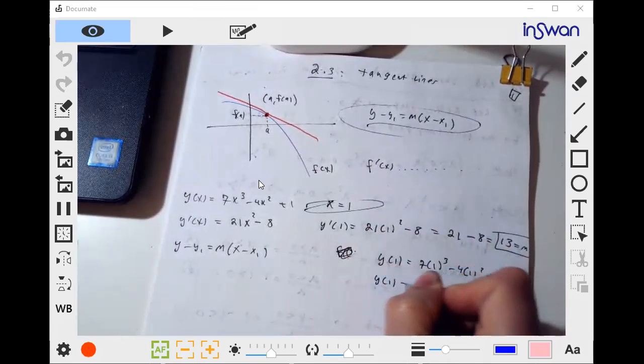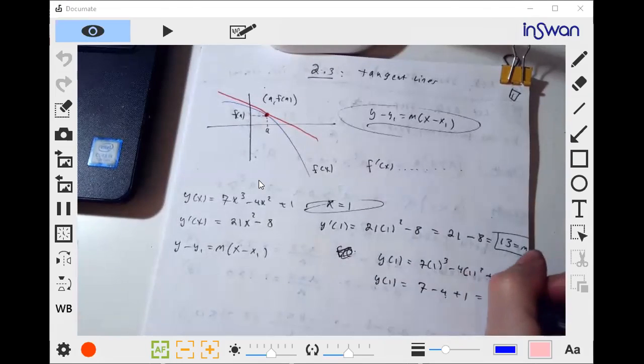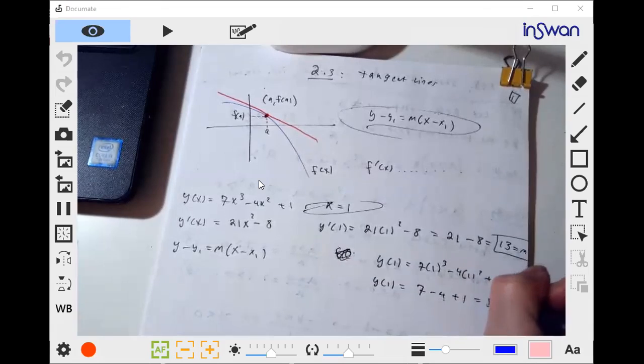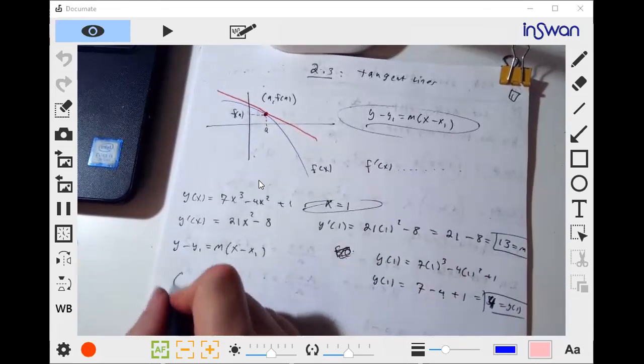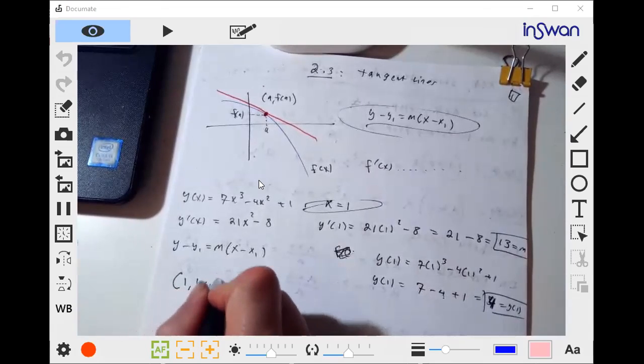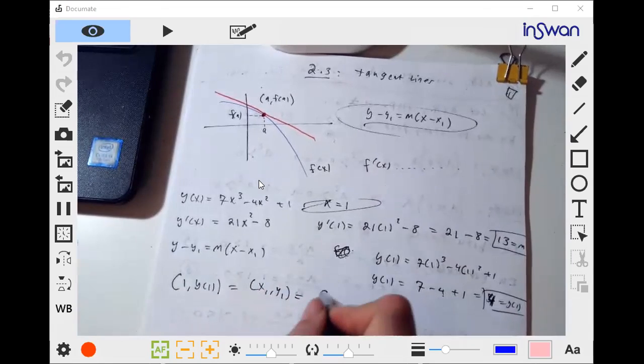So y of 1 is equal to 7 minus 4 plus 1. So this ends up becoming a 4. So the point 1 comma y of 1, which is our x1 comma y1, ends up becoming 1 comma 4.